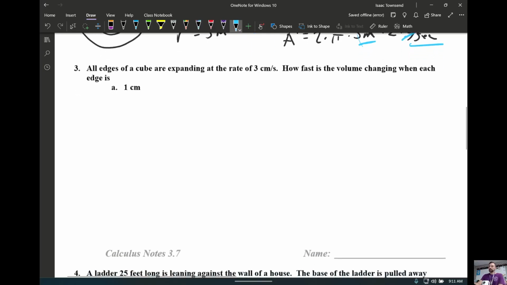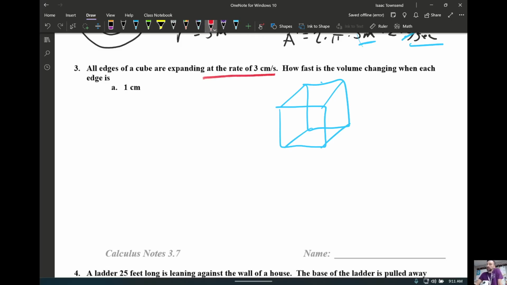All right, question 3. All edges of a cube are expanding at the rate of 3 centimeters per second. So I'm drawing a picture, probably not necessary here. I'm going to call all of these sides S. So S is changing at 3 centimeters per second.